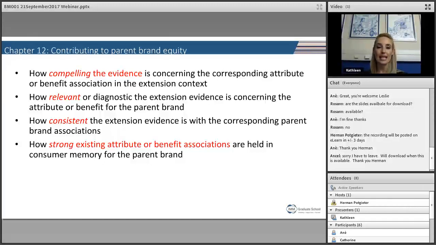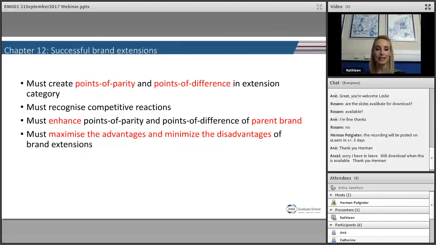When we consider whether an extension is going to add to the equity of a parent brand, we need to look for compelling evidence that there will be a transfer of positive association. We also need to make sure that the two brands are relevant to each other, so that there will be some link between the benefits or attributes of the parent brand and the extension.